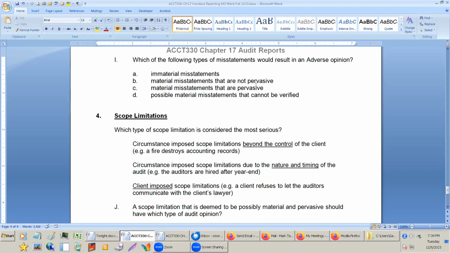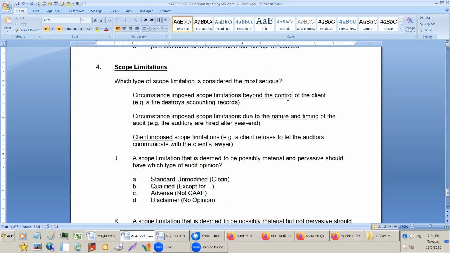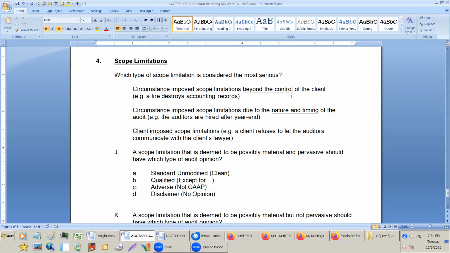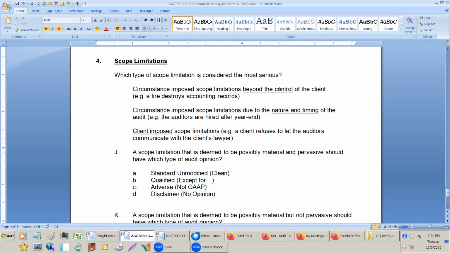C. Yeah, pervasive. And part of the reason I put this on here is to get used to that wording, pervasive, not pervasive. That's the kind of stuff that they test on the CPA exam. And this is their terminology. So get used to it as you can.